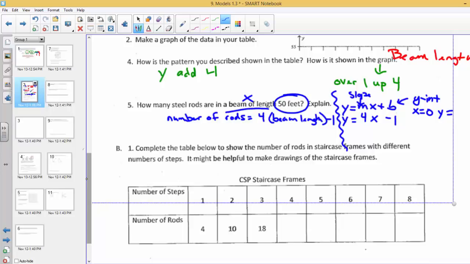So the beam length is 50, so that's 4 times 50 minus 1. So 4 times 50 is 200, and 200 minus 1 is 199.